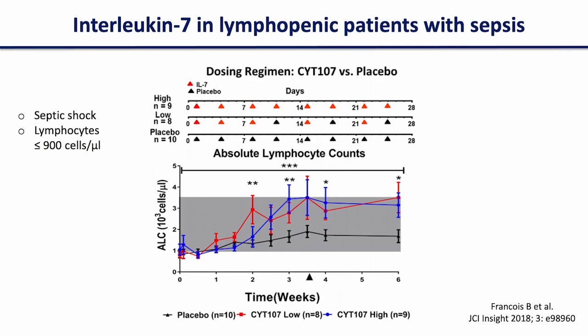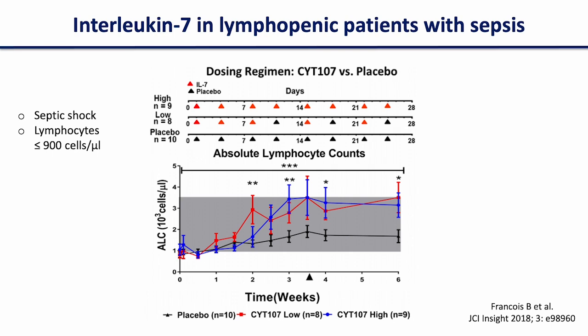This is an example of a trial in sepsis patients in which prognostic enrichment was combined with predictive enrichment. In this trial, interleukin-7 was administered to lymphocytopenic patients with sepsis. Interleukin-7 is an immune stimulatory cytokine that enhances lymphocyte counts and lymphocyte functions.